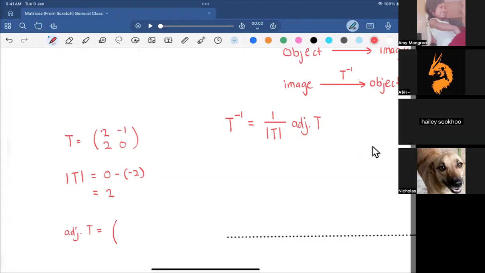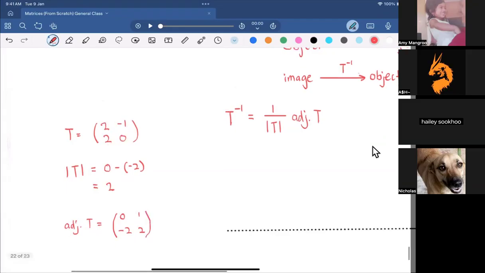I have 0, 1, minus 2, 2. Okay, so you swap these two and then I change the signs. Yeah, that's it. So then the inverse here will be 1 over 2 times 0, 1, minus 2, 2.